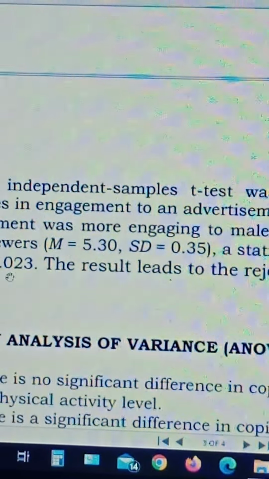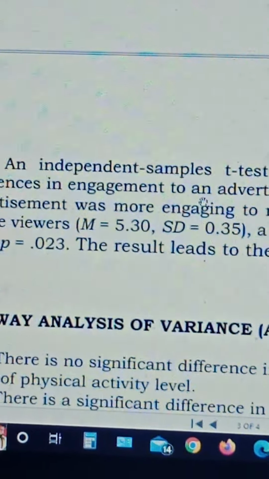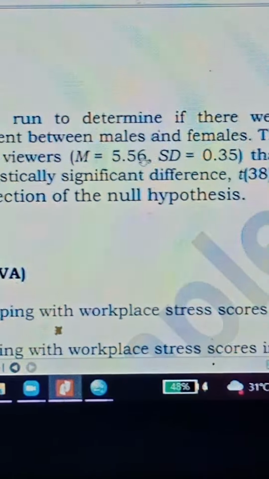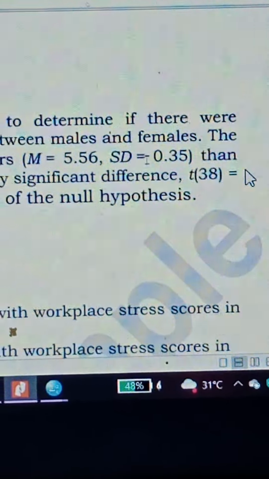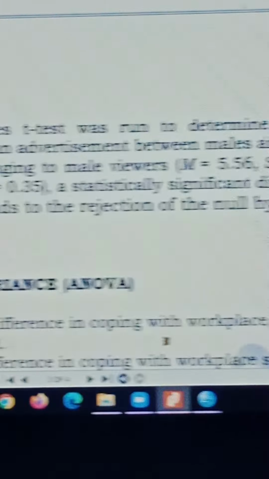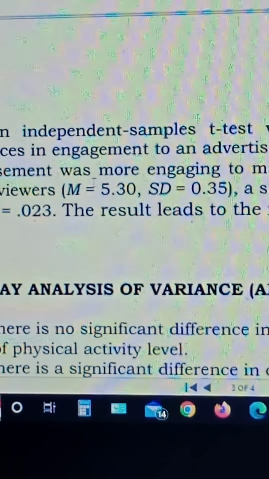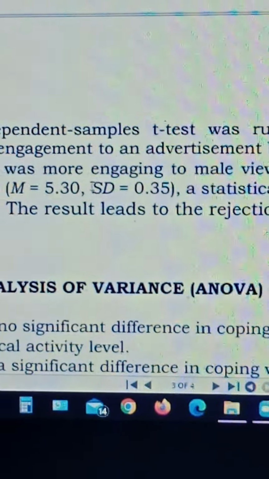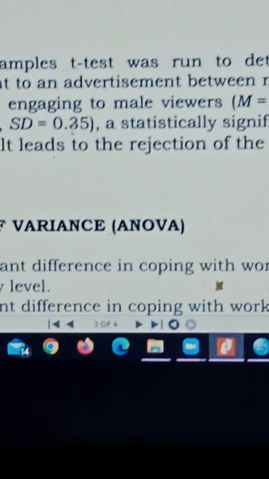You can say that the advertisement was more engaging to male viewers. Mean is 5.56 and the standard deviation is 0.35. Then the female viewers have a mean of 5.30, we round it off to two decimal places, and a standard deviation of 0.35.